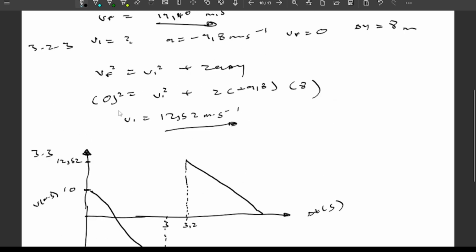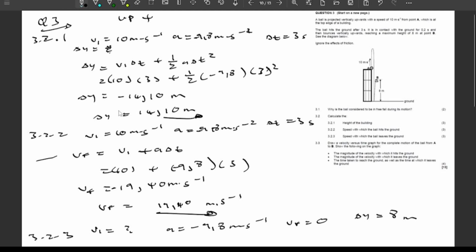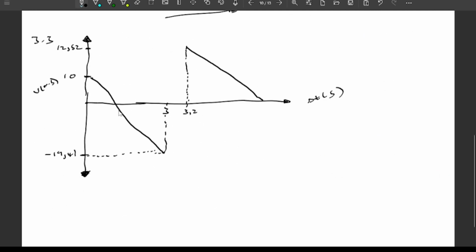They didn't want the velocity at which it hit the ground when it came back. So this is how your graph should look, and just like that, you are done. You would get a mark for the lines, for the lines that are parallel, since as long as they're parallel to each other, then yeah.